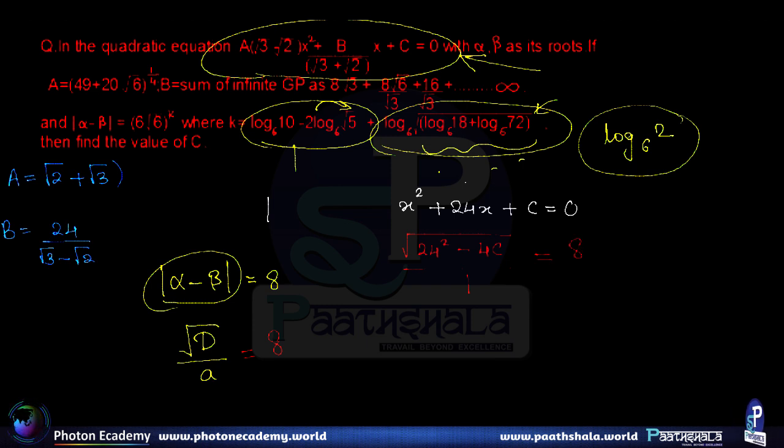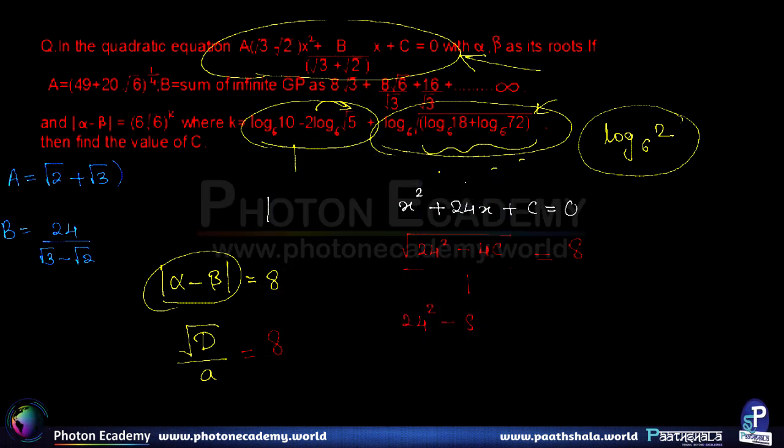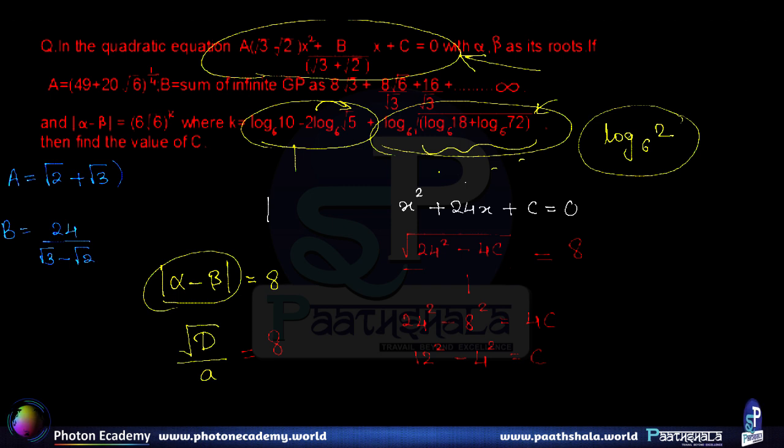So we can write 24 square minus 8 square is equal to 4c. Dividing throughout by 4, we have 12 square minus 4 square is equal to c. So that is 144 minus 16. So c is equal to 128. Okay, so that's our final answer.